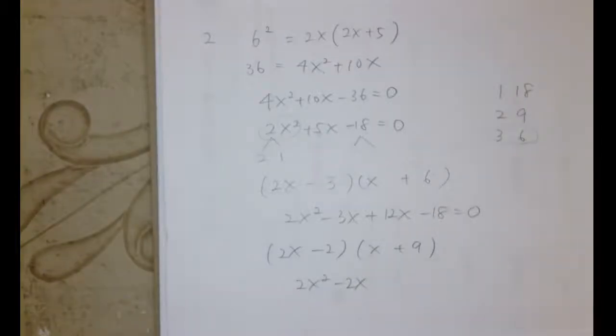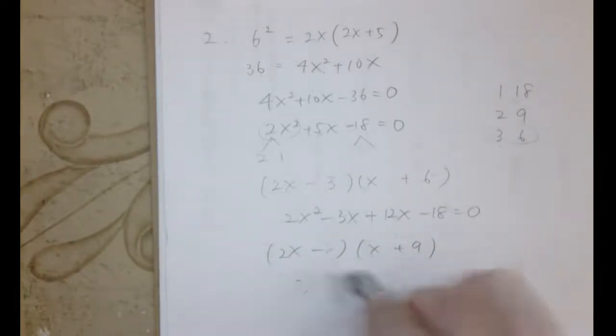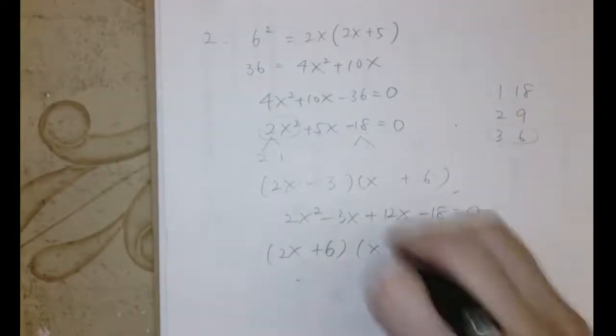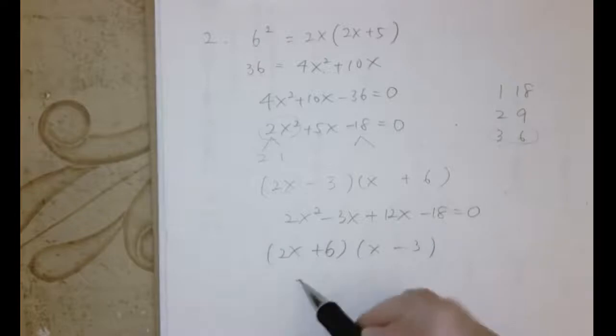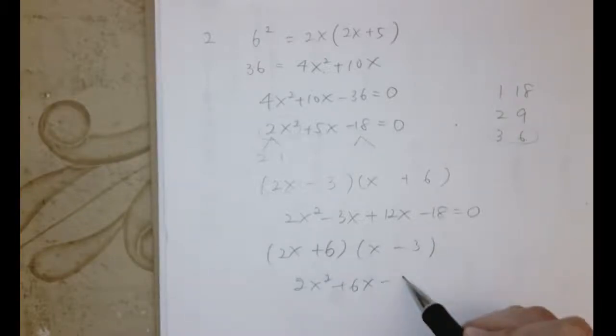All right, then let's try plus 6 and minus 3. All right, so 2x squared plus 6x minus 6x, so that's not going to work.